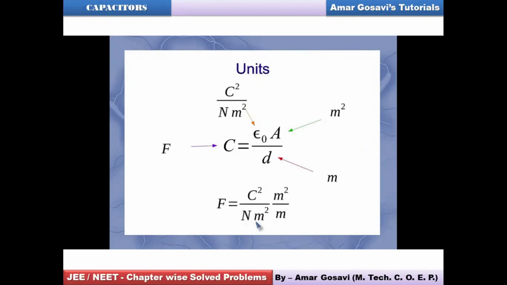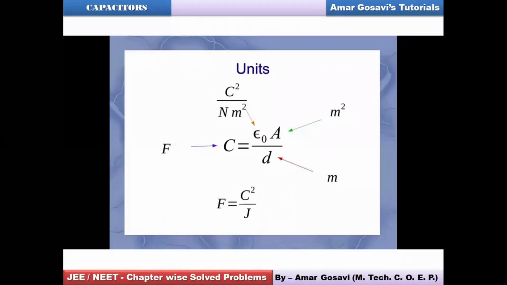If you simplify this, it will be simply Coulomb square per Newton meter. Newton meter can also be substituted as joule. Coulomb square per joule is farad in a way. Okay, hopefully noted down.